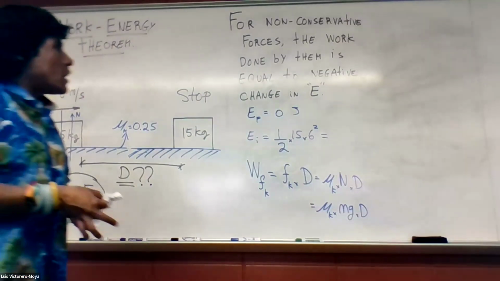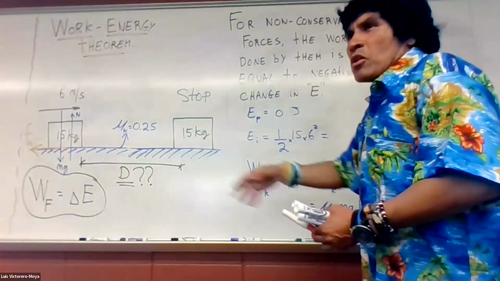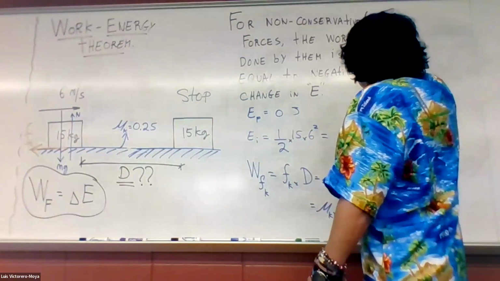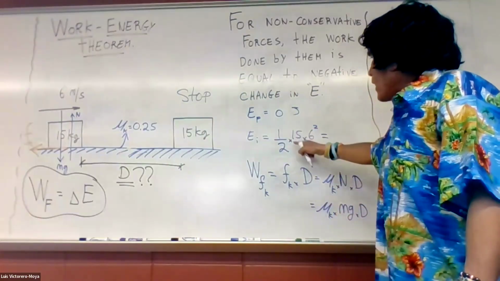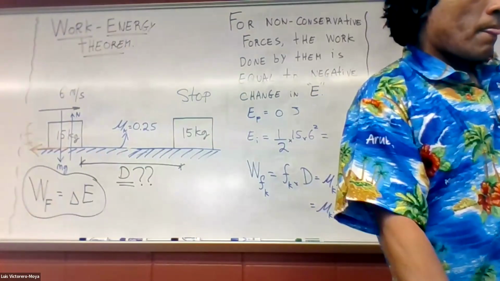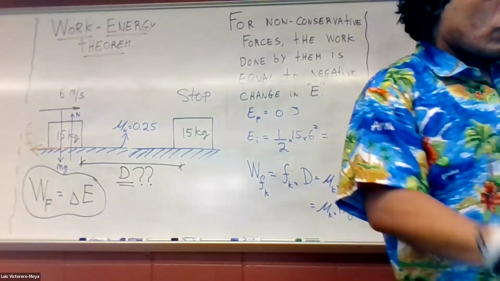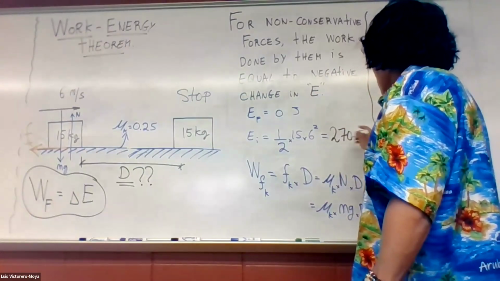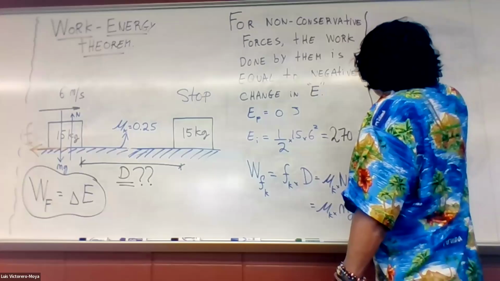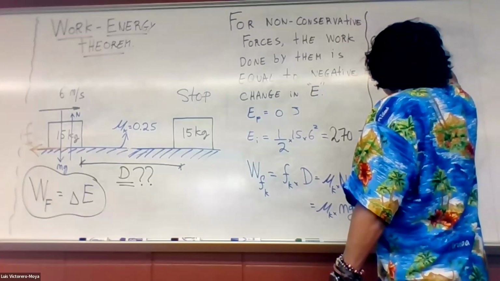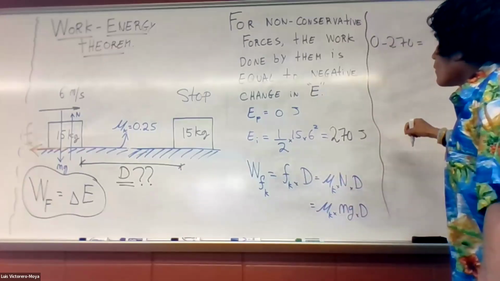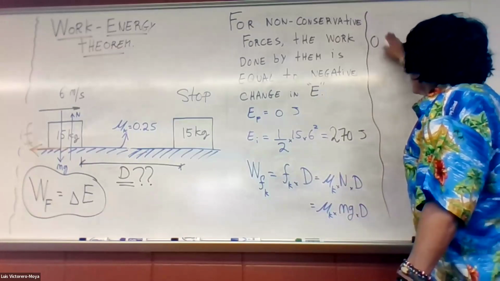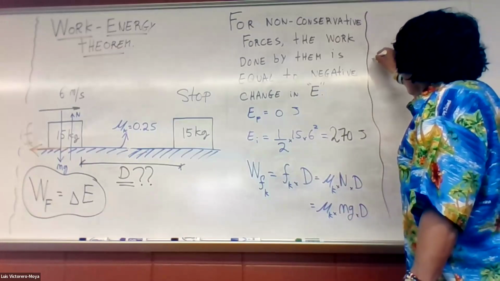All right, so now let's use that variation of the work energy theorem. It's the same if you think about it. 0 minus 270, that's negative 270.